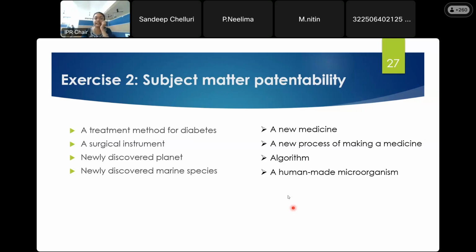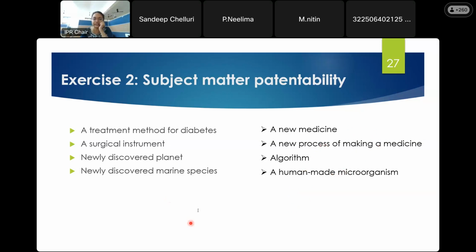Somebody is saying 2, 6, 8 yes, remaining no. 2 surgical instrument, 6 making a medicine, 8 yes. Korada Chaitanya, yeah, 2, 6, 8 is right. So everybody, just refer to the answer given by Sunidhi.